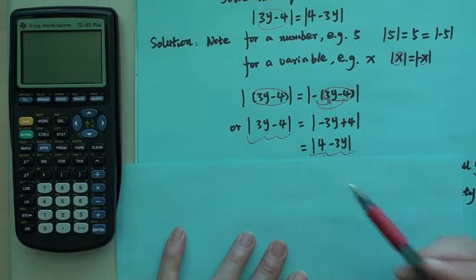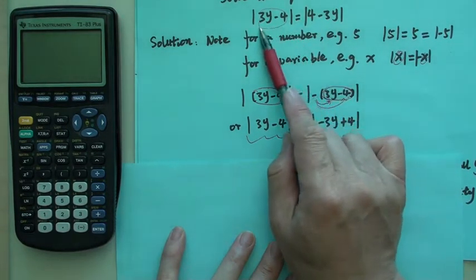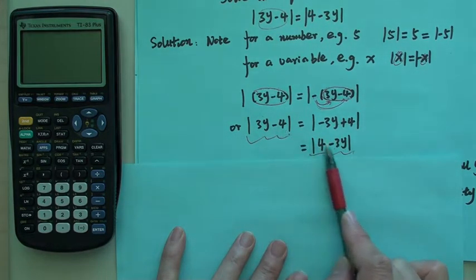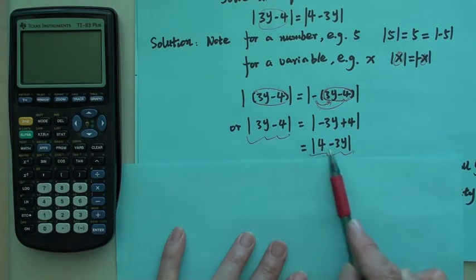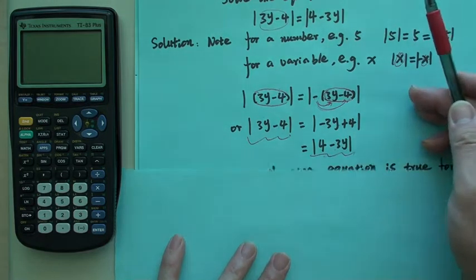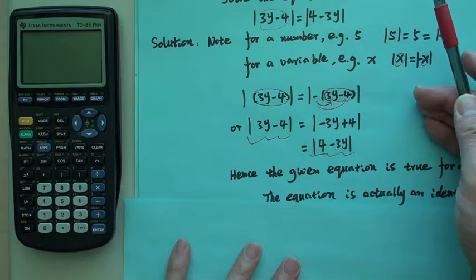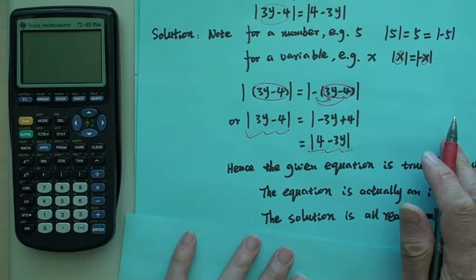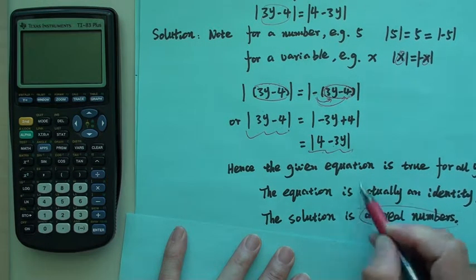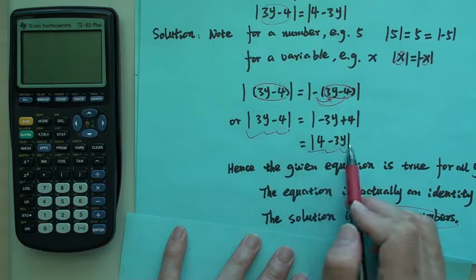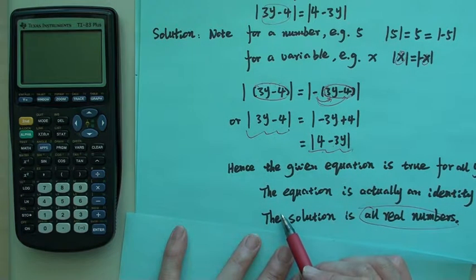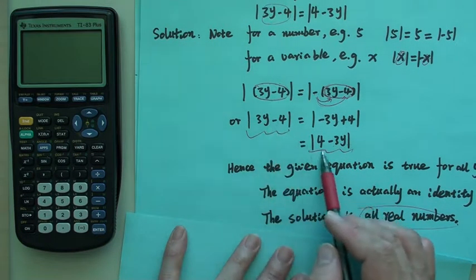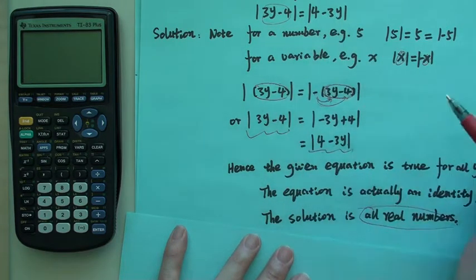See that? If you want to solve the equation, you found this is actually true for all real numbers. You plug in any number right here, and it is going to make these two absolute values the same.